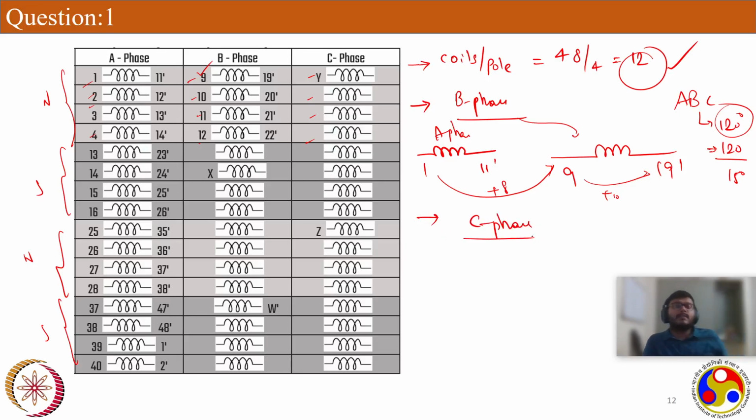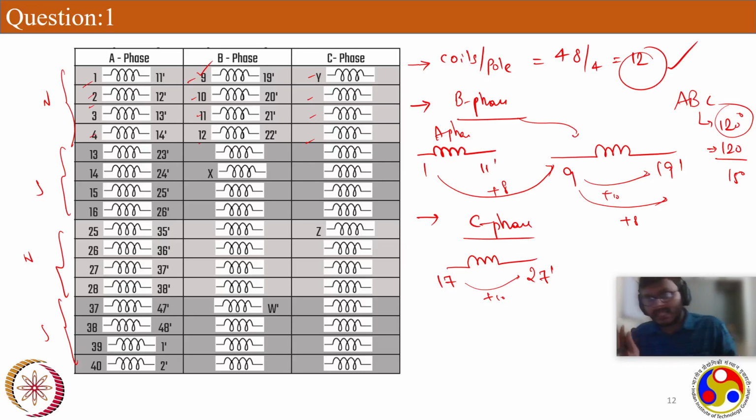Again it will be 8: 9 plus 8, my C phase will be 17, and this span will be 10, again 27 dash. So that is another standard basic concept behind finding out the starting coil slot number in each phase. So everything is clear now.